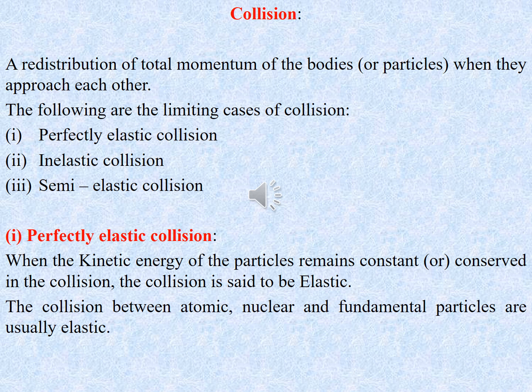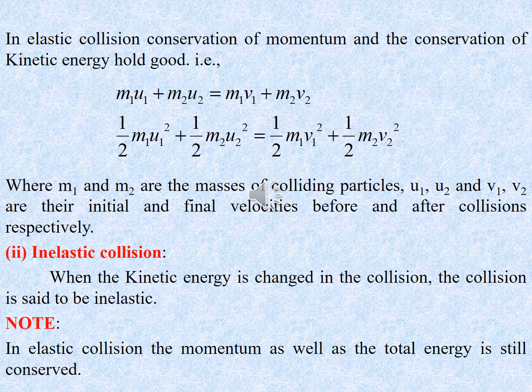Perfectly elastic collision means when the kinetic energy of the particles remains constant or conserved in the collision, the collision is said to be elastic. Collisions between atomic, nuclear, and fundamental particles are the best examples of perfectly elastic collisions.